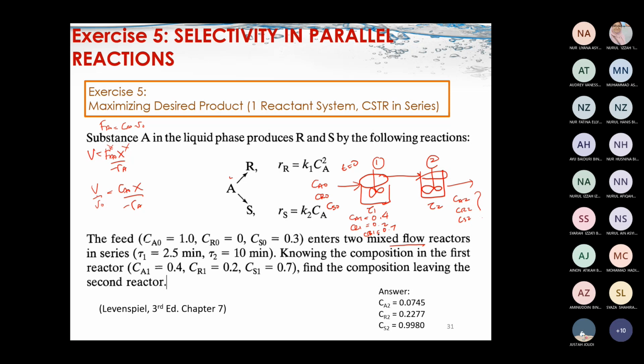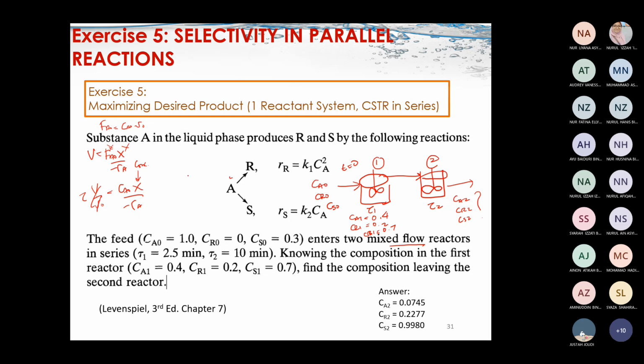So just bring it down here in order to simplify this into tau, because we have the information of tau. You have to expand this rA and also X in terms of concentration only, because you don't have the value for X.